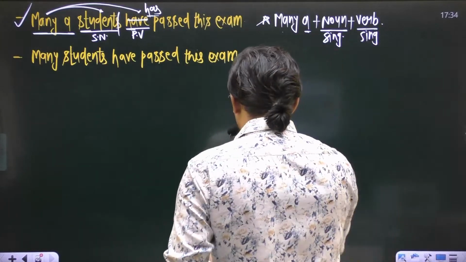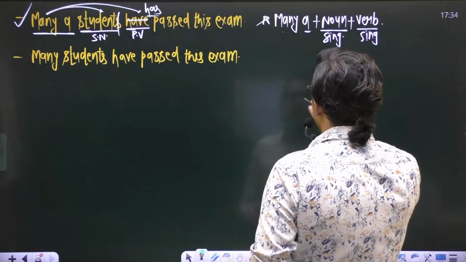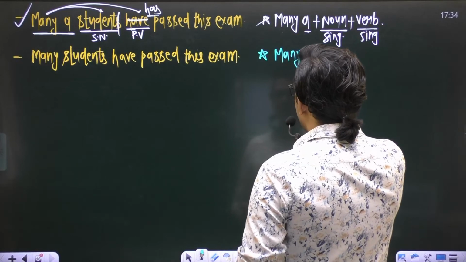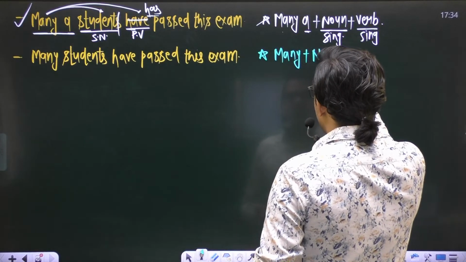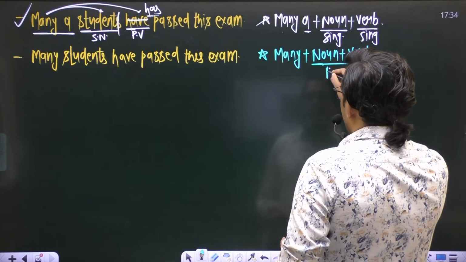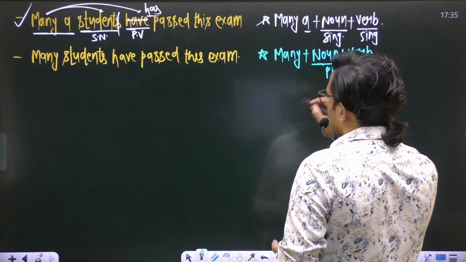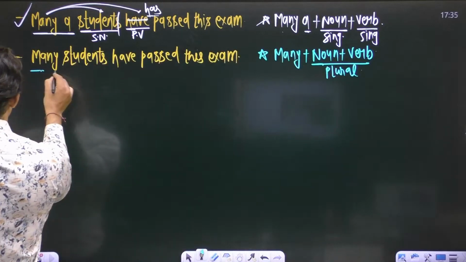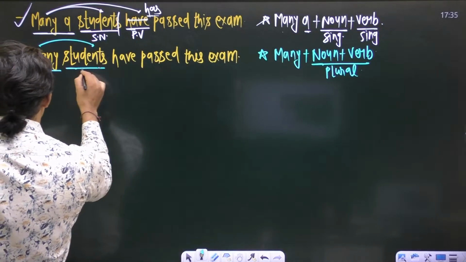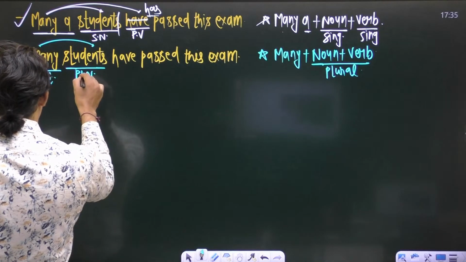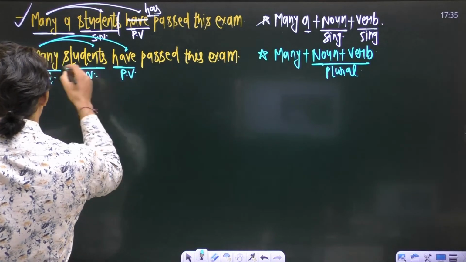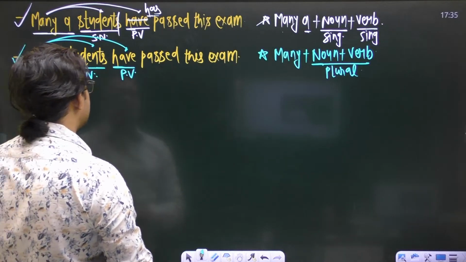But in the next sentence, if you have the determiner many, after many, the noun and verb both will be plural. So in the second sentence, this determiner many is followed by a plural noun, and the verb will also be plural. Have is already a plural verb, meaning the second sentence is okay.